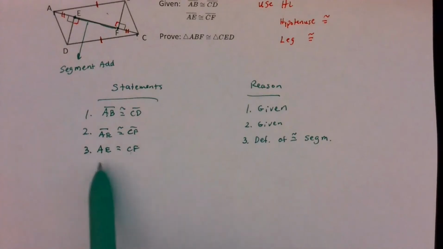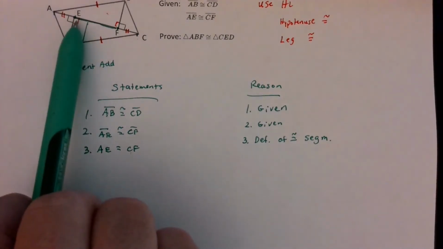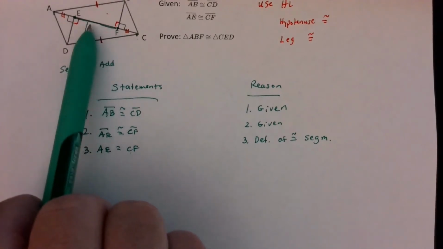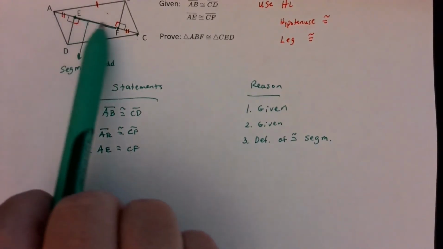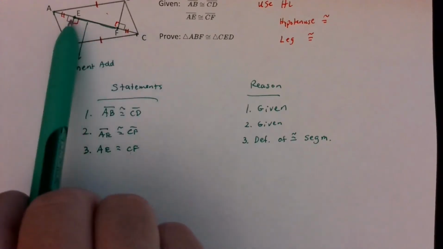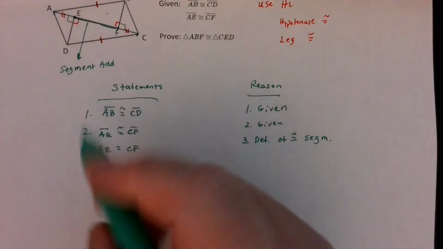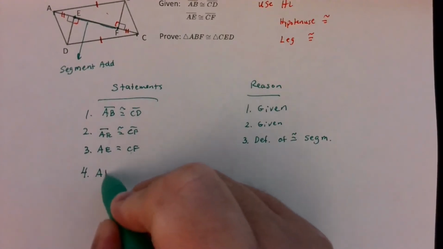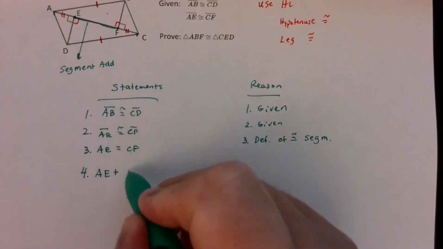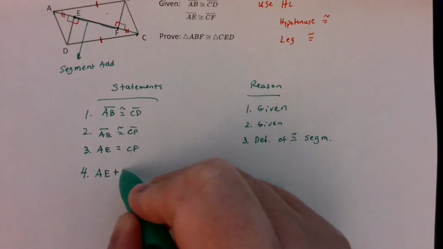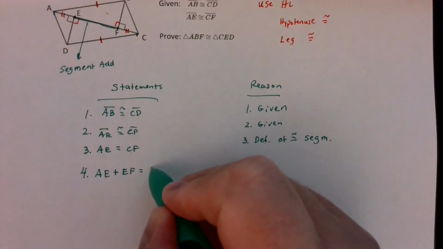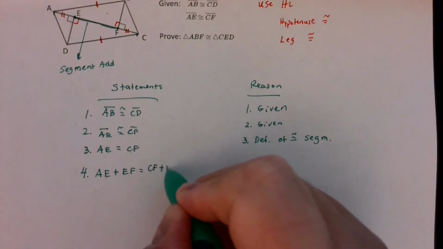So now what else do I know? I know this section EF right here, that's shared in both segments that I'm trying to show are congruent. So I can do this step. I can say that AE plus EF has to equal CF plus EF.